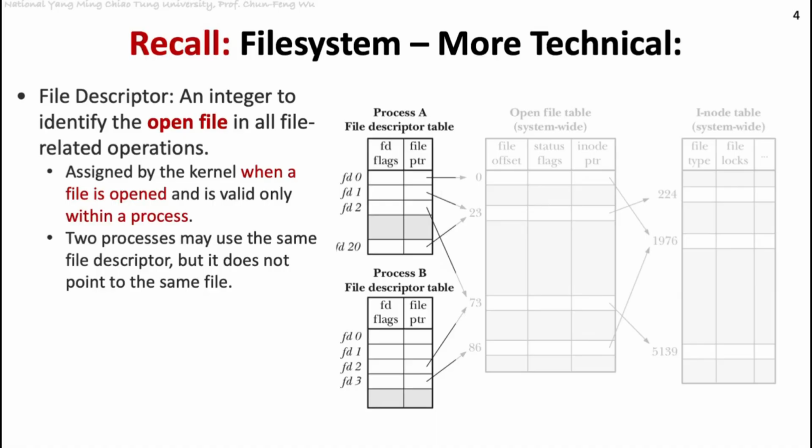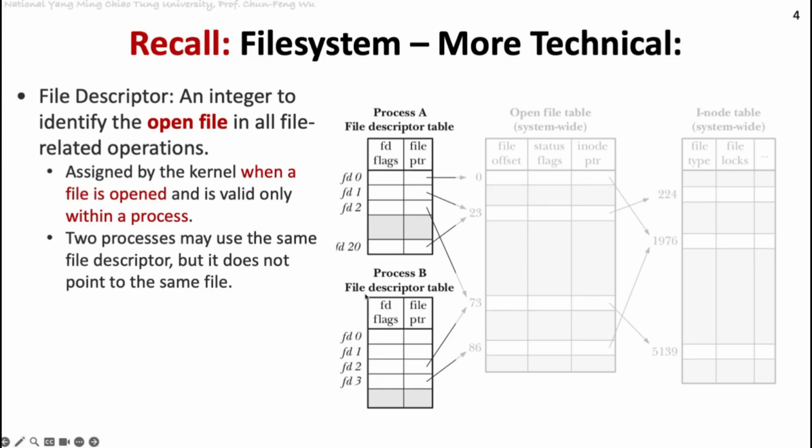So usually the first three file descriptors refer to the same things. And after FD2, like FD3 to maybe thousands of file descriptors, it depends. For example, if process A opens a file, then it can get a file descriptor. Okay.